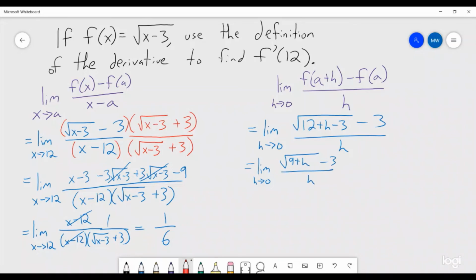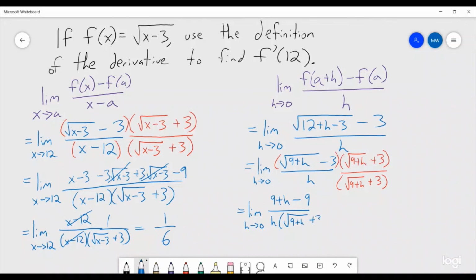We're going to do a very similar thing, and multiply the top and bottom by the conjugate, the square root of 9 plus h plus 3, divided by the square root of 9 plus h plus 3. And this will give us the limit as h goes to 0 of 9 plus h minus 9, divided by h times the square root of 9 plus h plus 3.